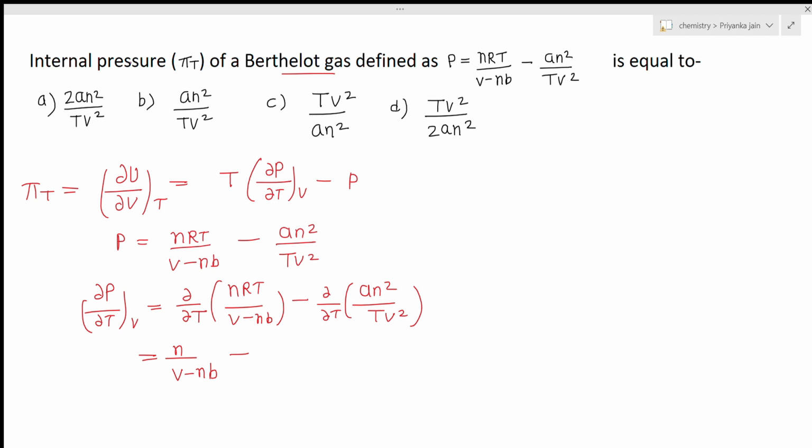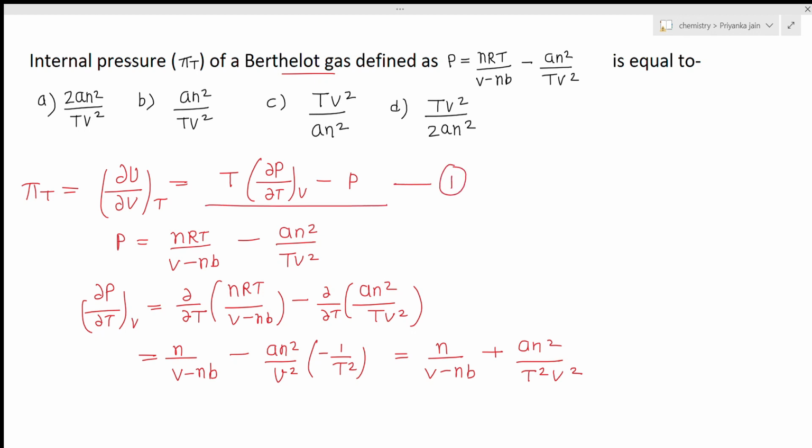See here, a n square upon V square is the constant term, and the differentiation of 1 upon T will be equal to minus 1 upon T square. So we are getting nR upon V minus nb, and this term a n square upon T square V square. Now just put this value in equation number 1.